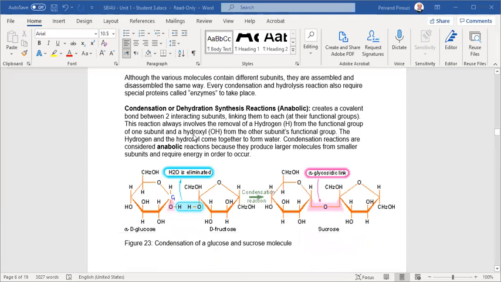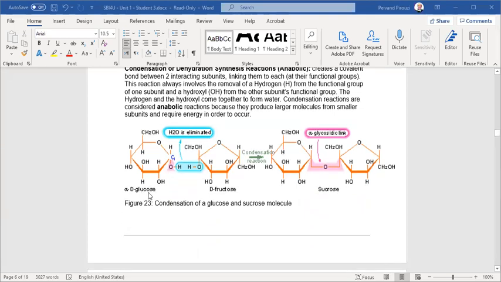So here, the example of condensation is between, for example, alpha D-glucose and D-fructose. So here on the left, you see the glucose, and here you see the fructose. You see fructose has 1, 2, 3, 4, 5 carbons. Glucose has, again, 6 carbons.